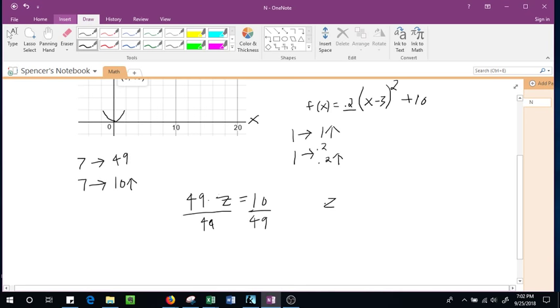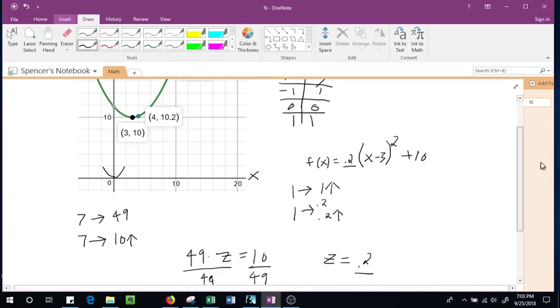And we're going to get z is equal to 10 divided by 49, which is 0.204. So let's just round that to 0.2. That is 0.2, and so was it when we found 1 over and 1 up. So the point I'm trying to make here is remember that it's 49 times some value to equal this one. We're not always going to have it be so simple as 1 times something is itself. So keep that in mind.